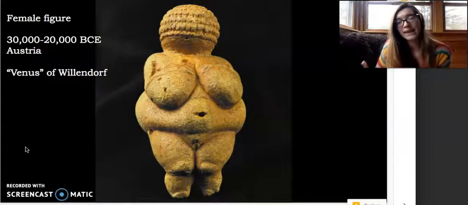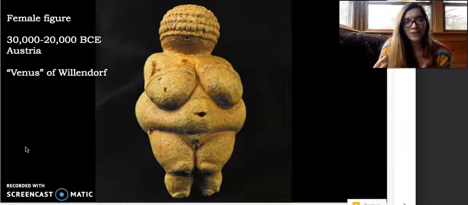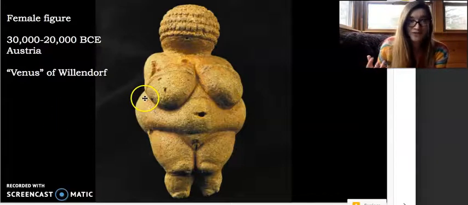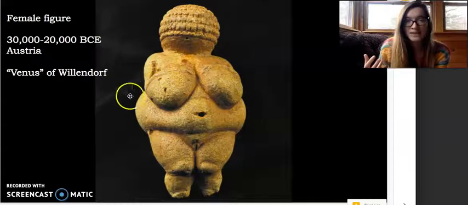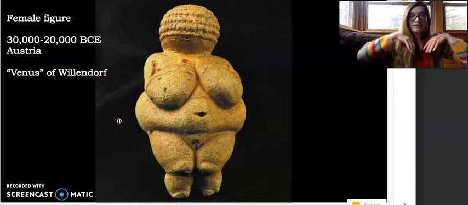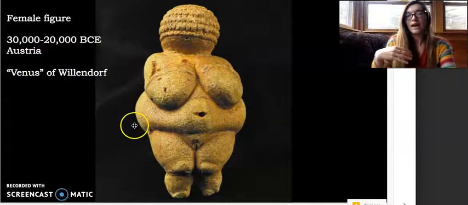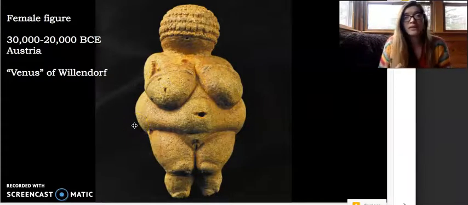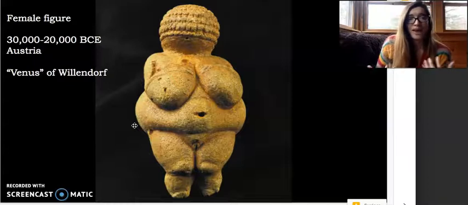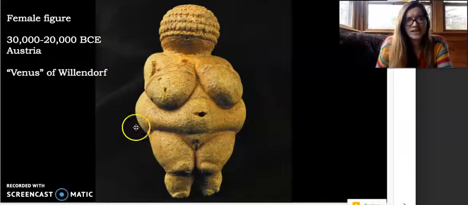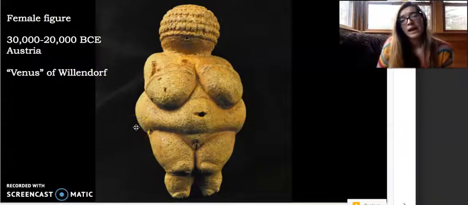What we see here is a schematic, abstract representation of a female body with a lot of emphasis on what makes her female, her secondary sex characteristics. So she has these enormous breasts that her arms are resting on. If you look closely, you can see she's got very spindly little arms here. She's very voluptuous, so she's healthy and well fed. And then we have a lot of emphasis as well on her genitalia.